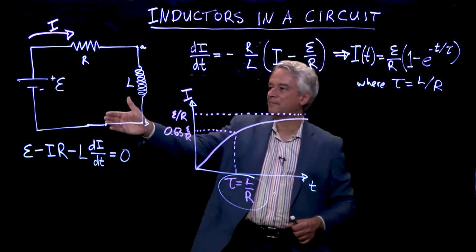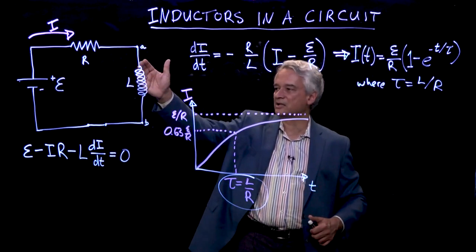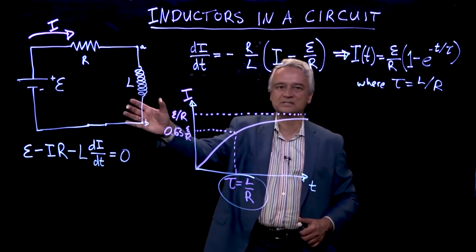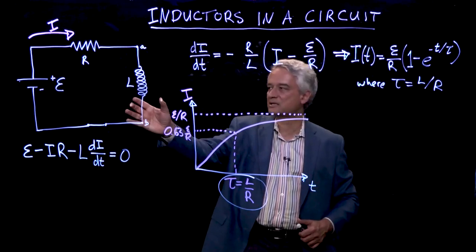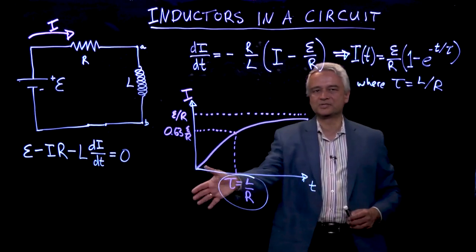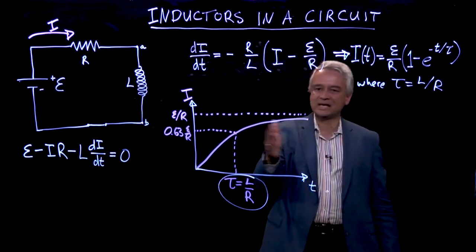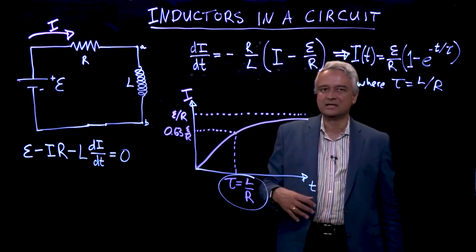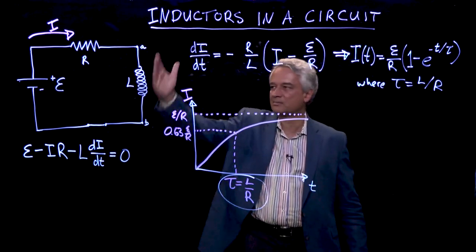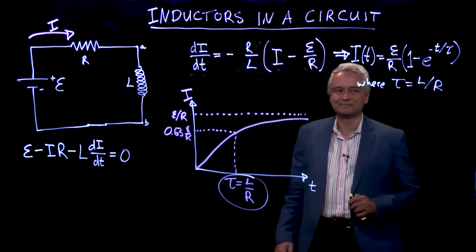But as the current starts flowing, that reduces the voltage drop across the inductor, increases the voltage drop across the resistor in a way which is described by this solution. So initially, no current. At the end of the day, late times, the current is now flowing in such a way that it's as if the inductor isn't even there anymore. The entire voltage drop is across the resistor. All of this we described last time.